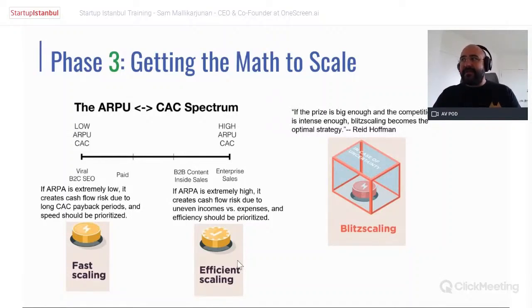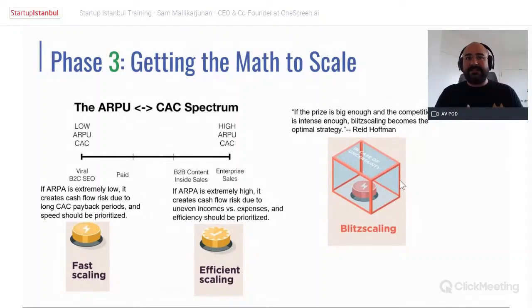And then there's a third concept called Blitz Scaling, which is something that you probably don't want to do. I don't know your business, but there's a great book on it by Reid Hoffman. A lot of business models require what's called Blitz Scaling because they don't actually have value unless they get big. So Uber is a great example of this, right?